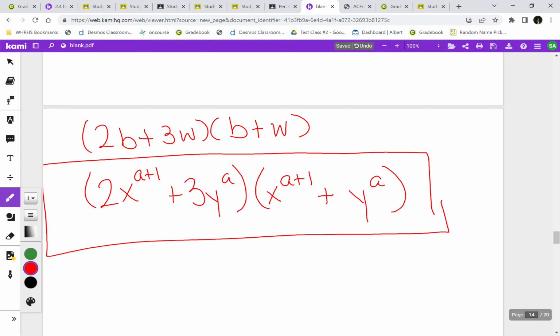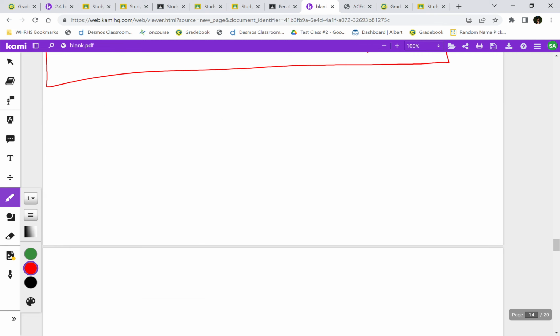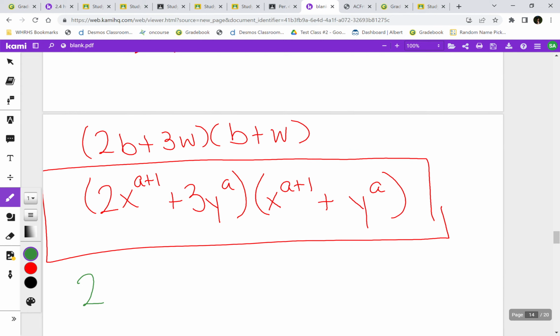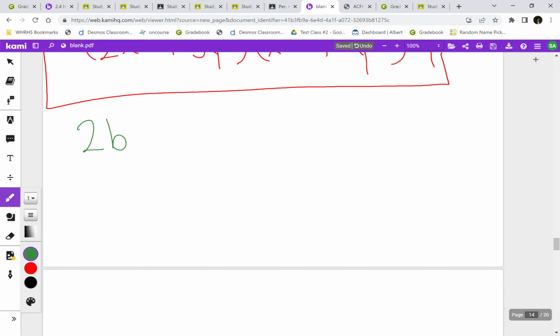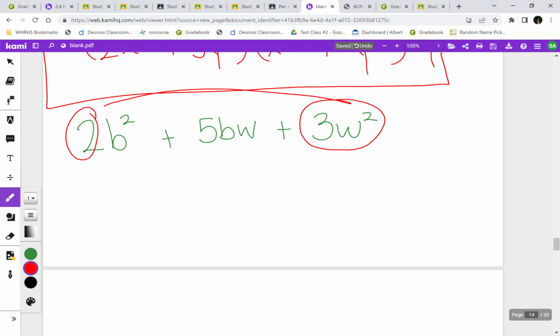Do we want to see this with earmuffs? Yeah? Okay, let's do it with earmuffs. So again, same substitution. I forgot what I wrote out. What was it? 2b squared plus 5bw plus 3w squared. So we're going to multiply the 2 and the 3w squared.